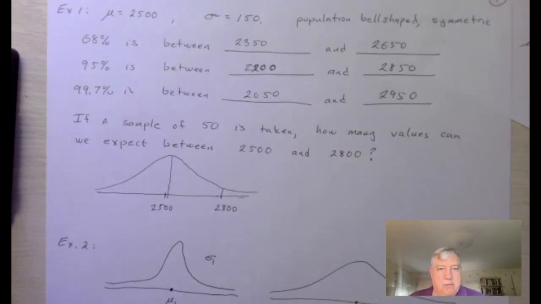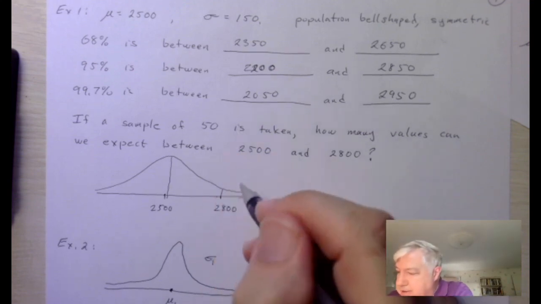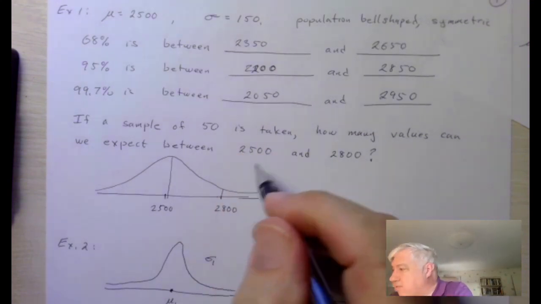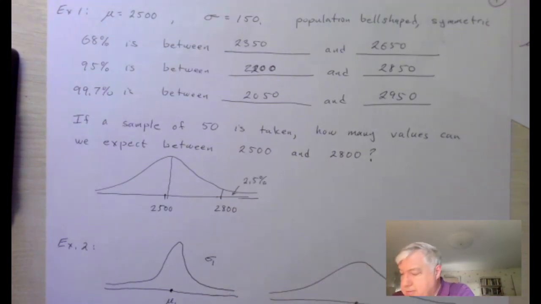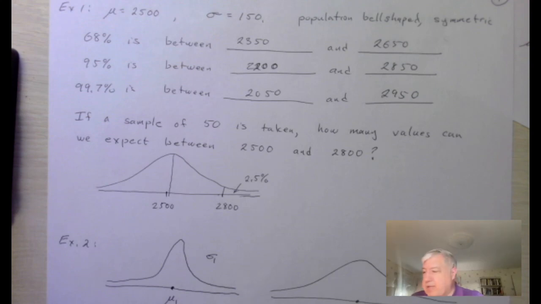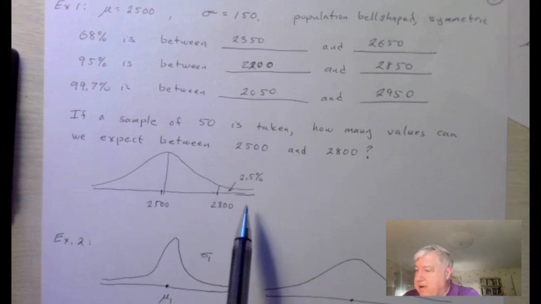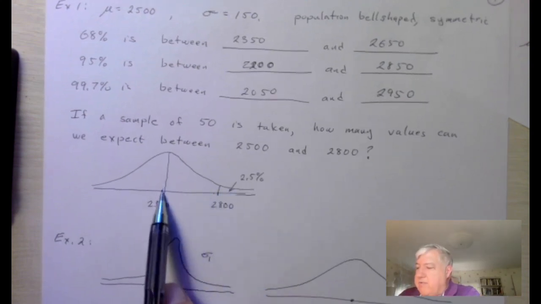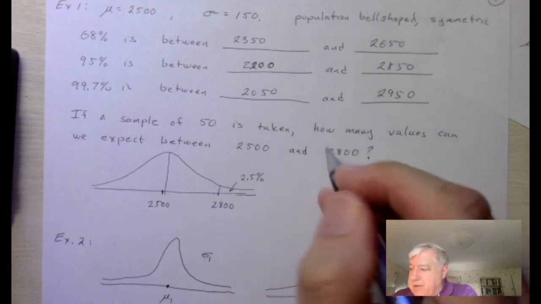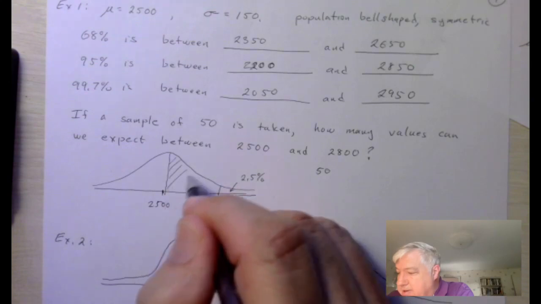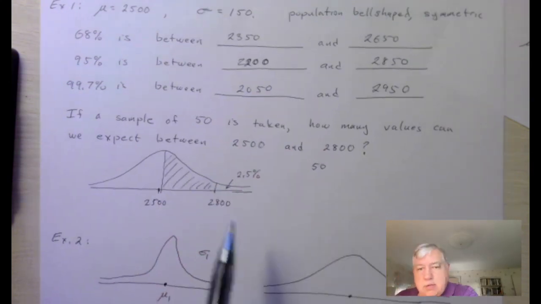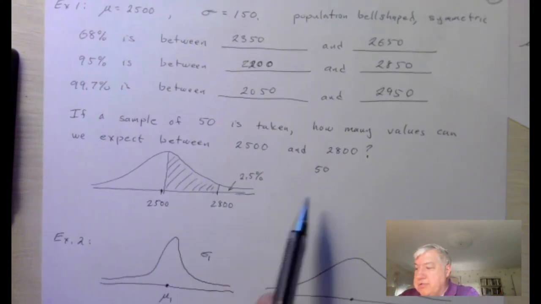Well, we know that this little tidbit over here was 2.5%, and from here onward is 50%. So we're really talking about this region right here.